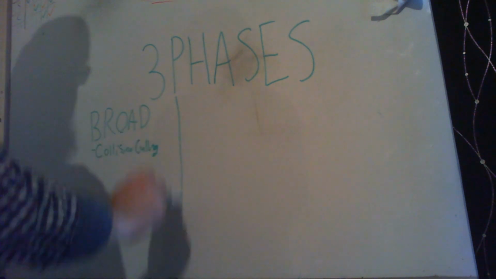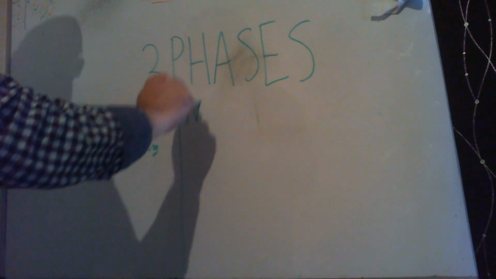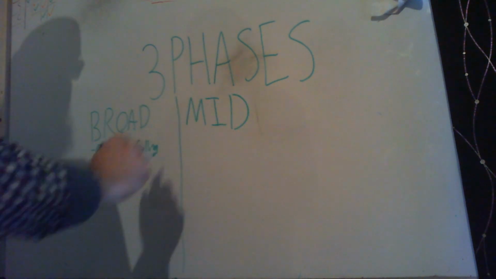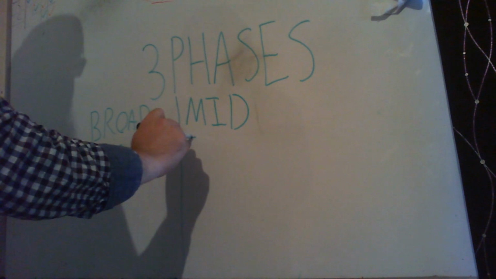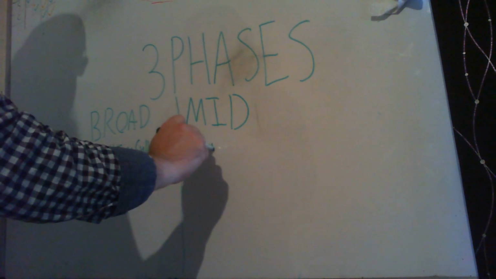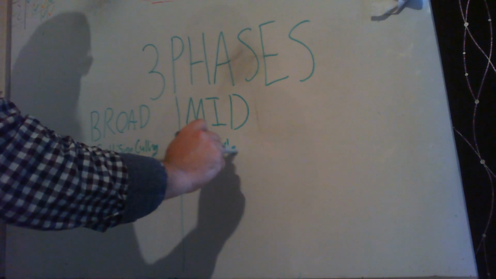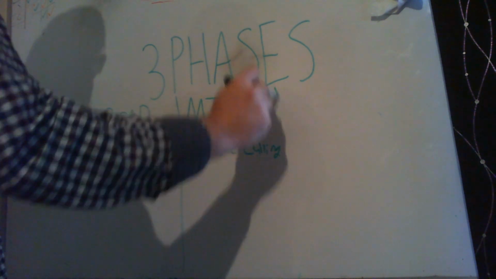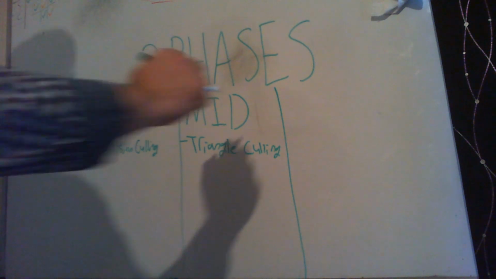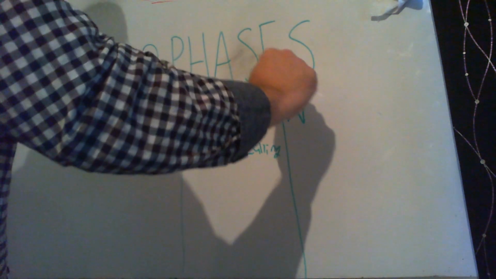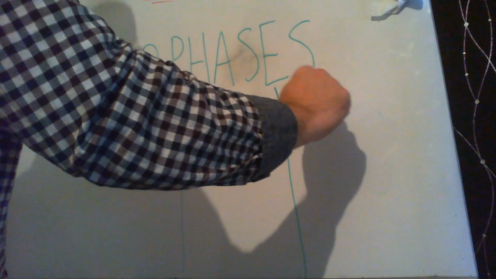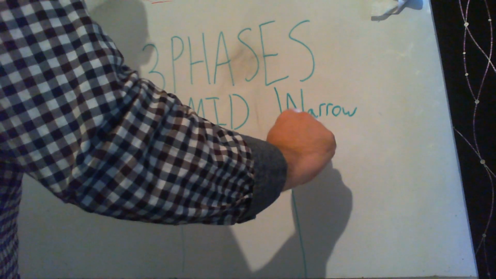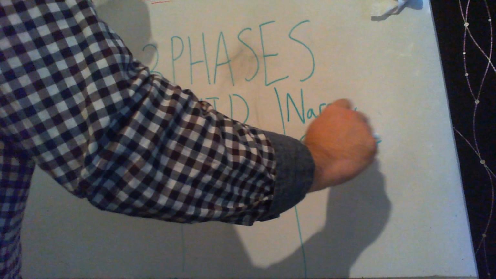After the broad phase, we move into a very aptly named mid phase, and this likewise can be thought of, instead of collision culling, as triangle culling. And then finishing off in the final phase, which is known as the narrow phase. And this is where we do the actual contact generation.